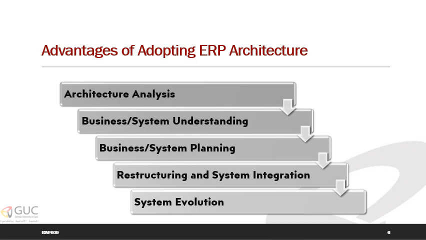Business and system planning offers a useful tool to plan numerous business activities from strategic directions to local enhancement. Restructuring and system integration helps to make restructuring and system integration possible whenever a change in business operations happens in the organization. Finally, system evolution offers required grounds for evaluating the outcome of major transformation in an organization, such as by replacing old systems with new ones or decommissioning of outdated systems.